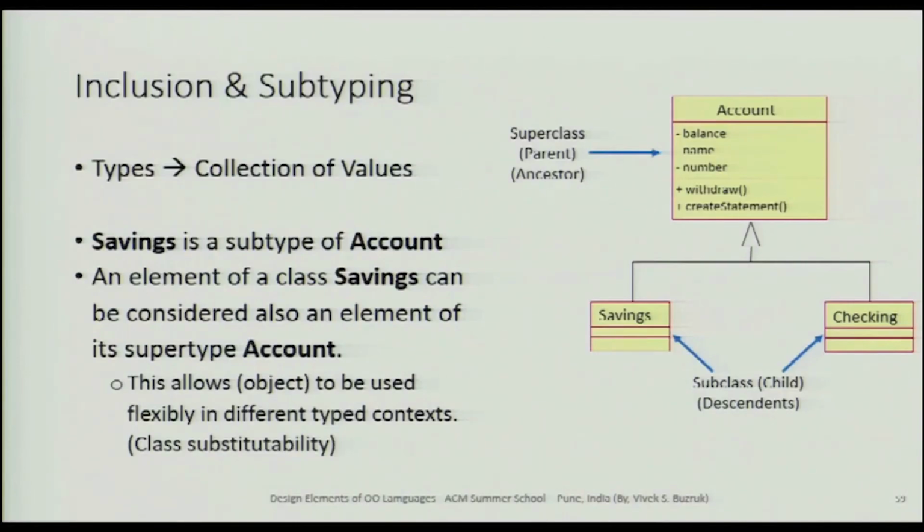An element of class savings can be considered also an element of supertype account, right? Is that correct?